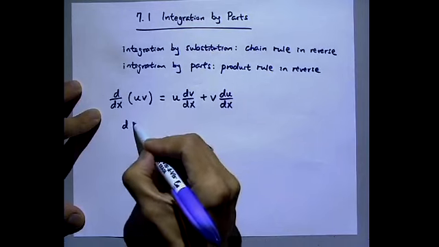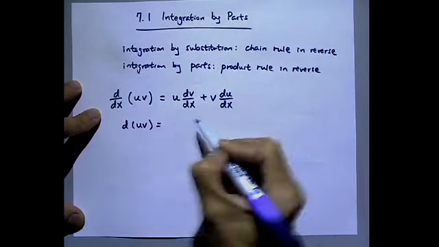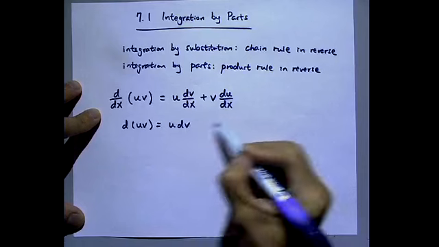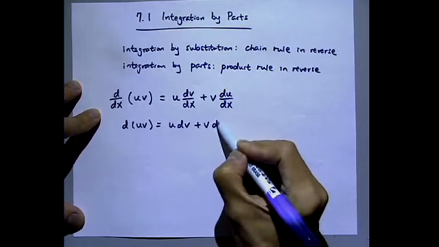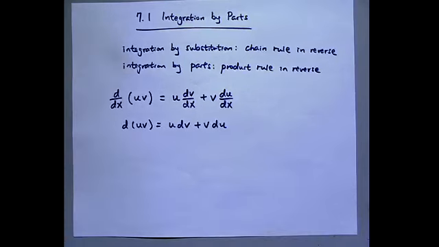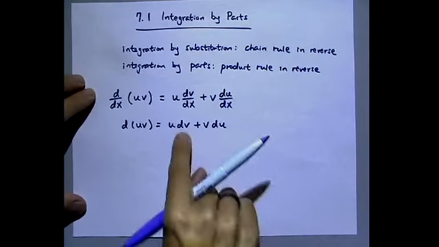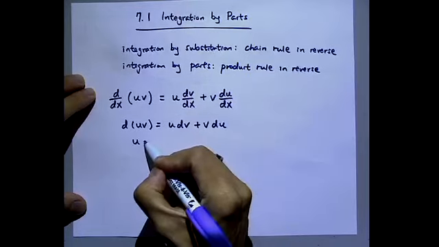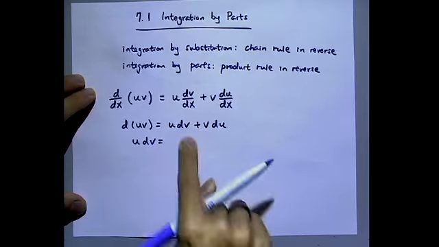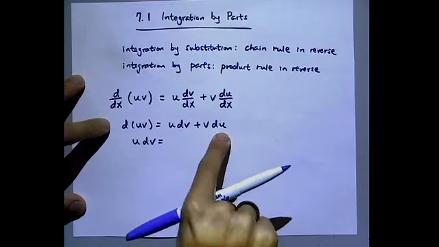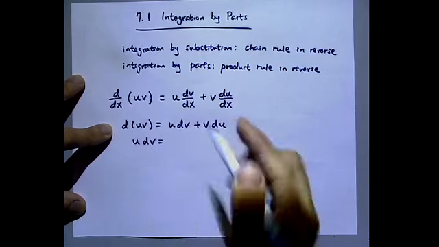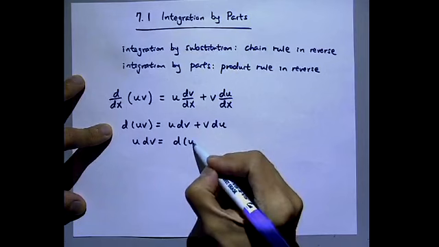Now I'm going to write them in the differential form, getting rid of the dx all over the place. And then, let me rewrite this one more time. Let me isolate u times dv by itself. So I want this thing on its own side. And I'm going to subtract this over to the side with the d(uv).